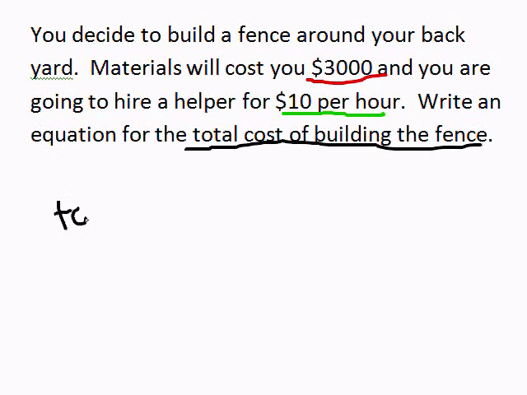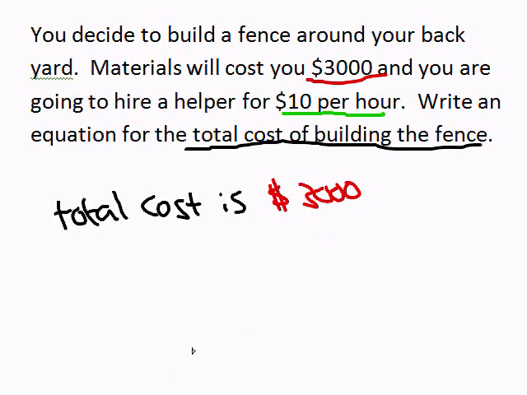Our total cost is made up of the materials and the price of hiring the helper. So the total cost is $3,000, and that's just materials, so I need to add to that my helper's fee, $10 per hour.